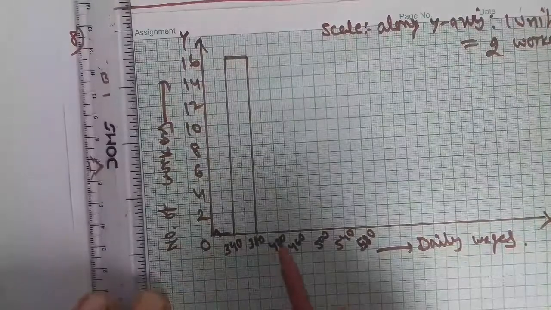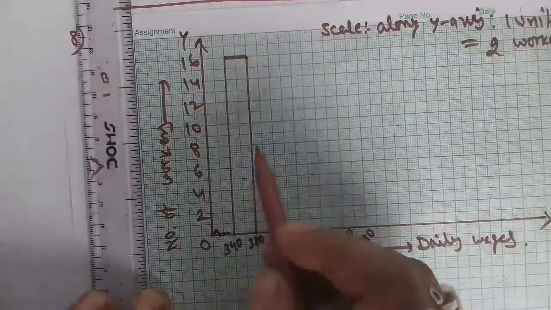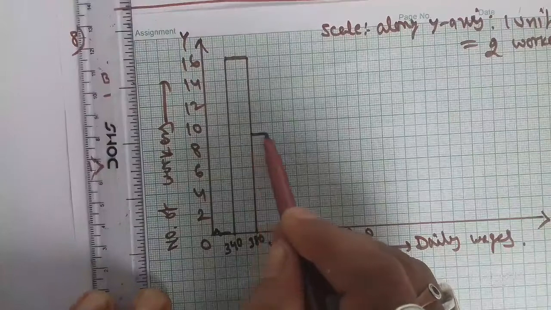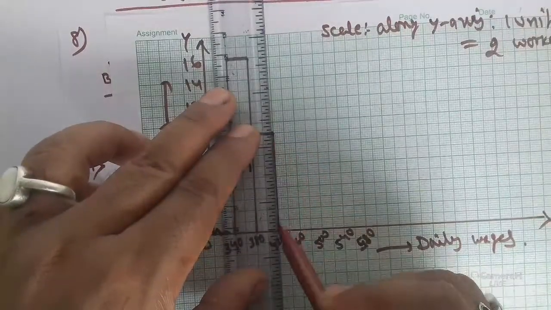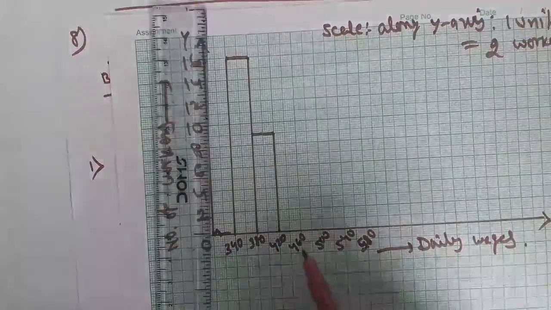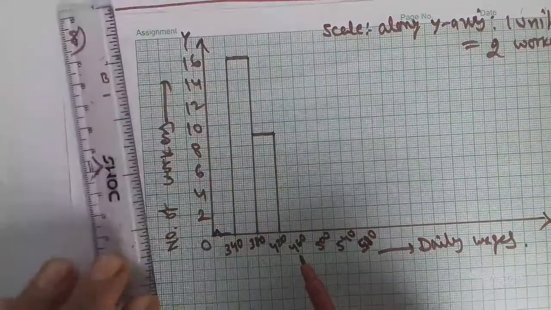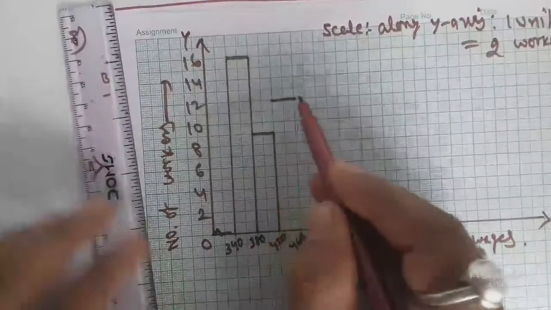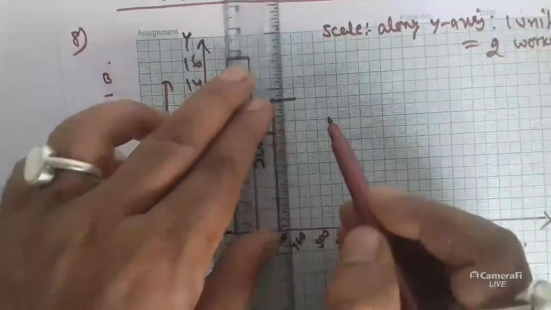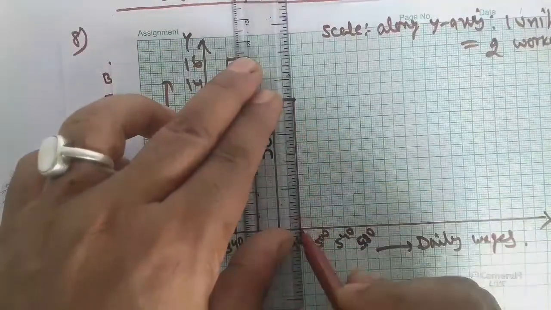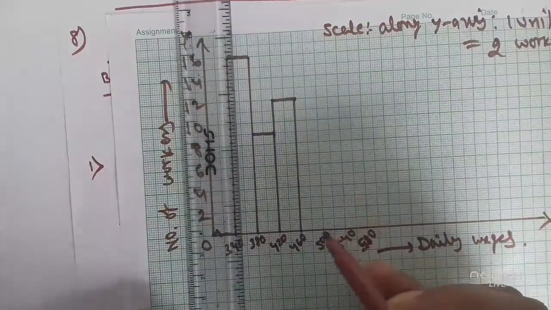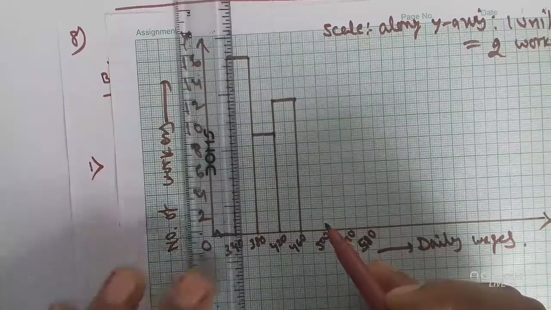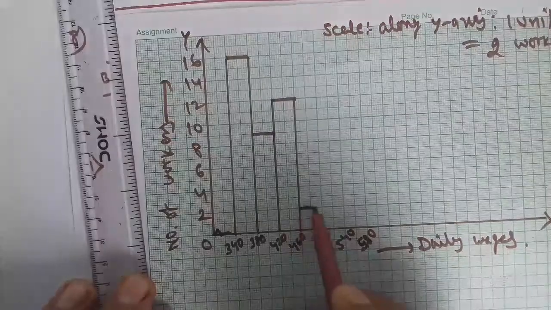So 9, where is 9? This one is 9. So here we have to draw this bar again, and 420 to 460 is 12. So here is 12. So here again we have to draw, and 460 to 500 only 2. So here is 2.